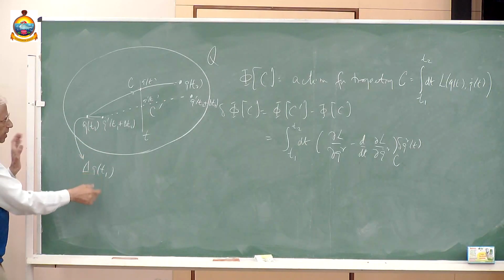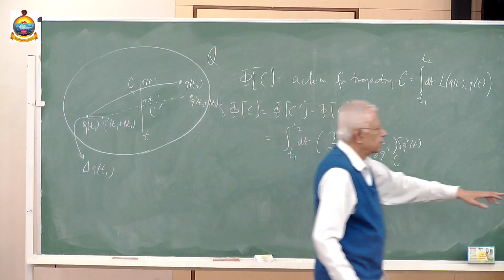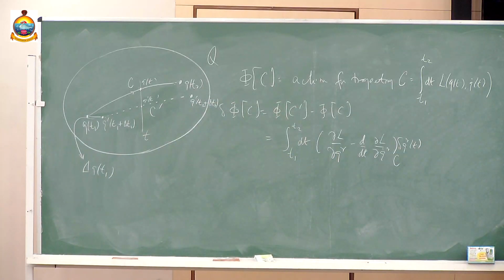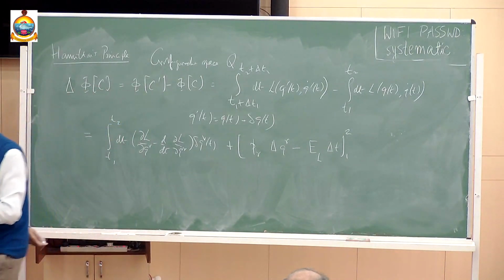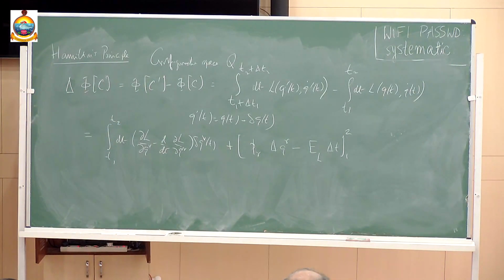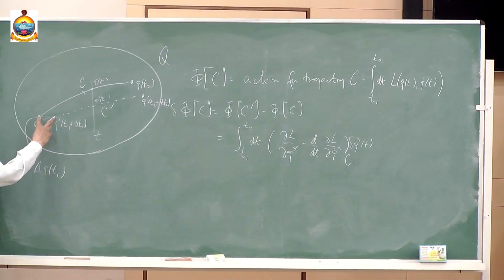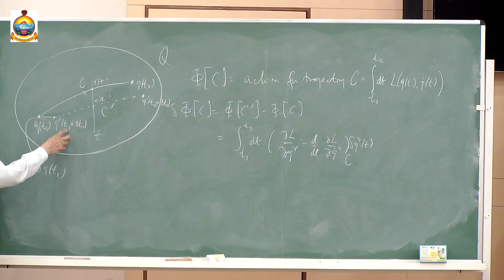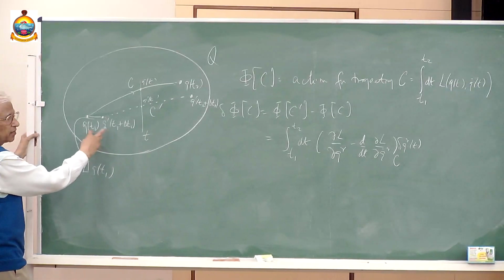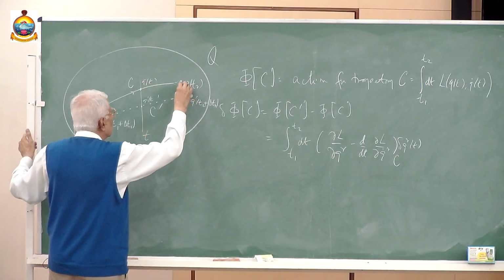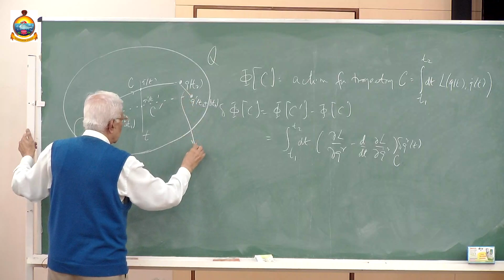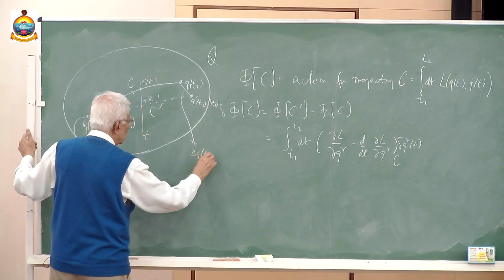So, this is not delta Q, which is the change in each coordinate at the same time. But what I am talking of now, capital delta of Q, is different, it measures this difference, new initial coordinate minus old initial coordinate, and see the time arguments are different here. And similarly, this will be delta Q of T2.